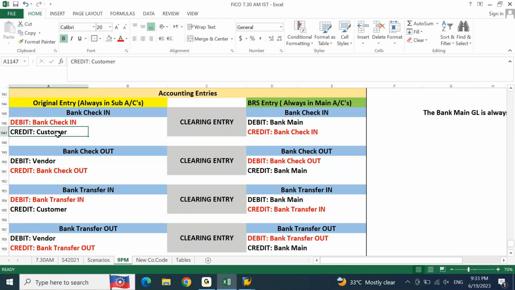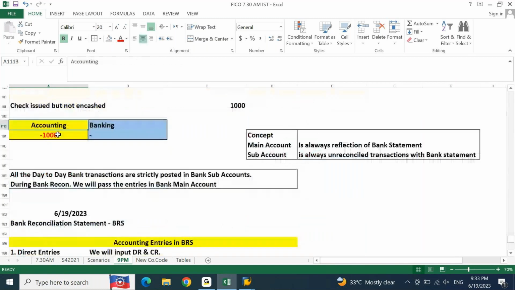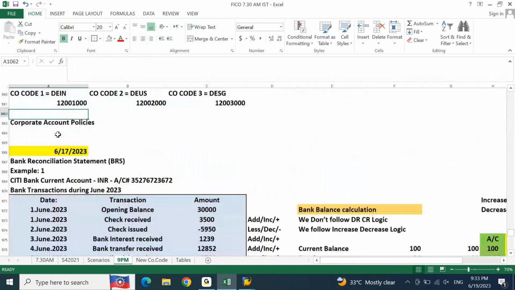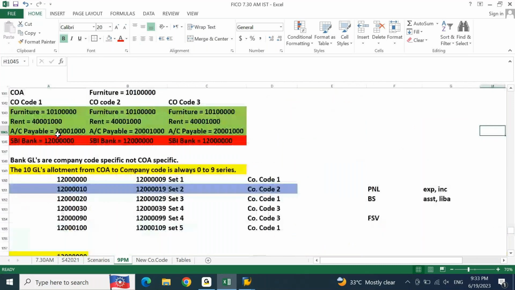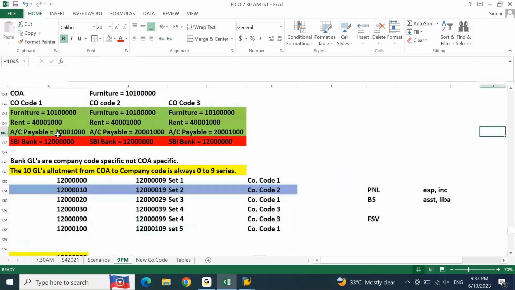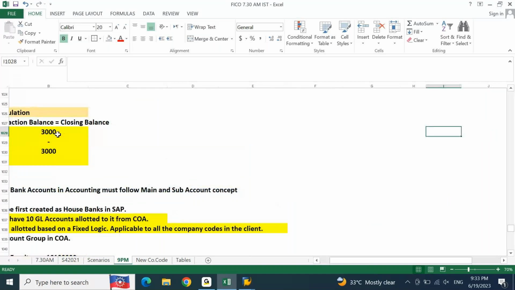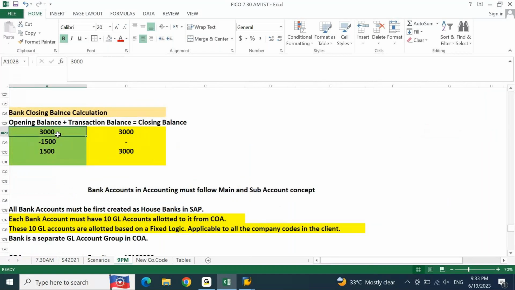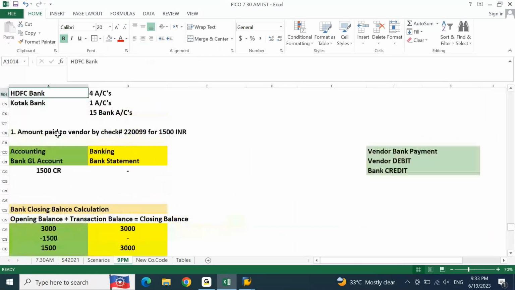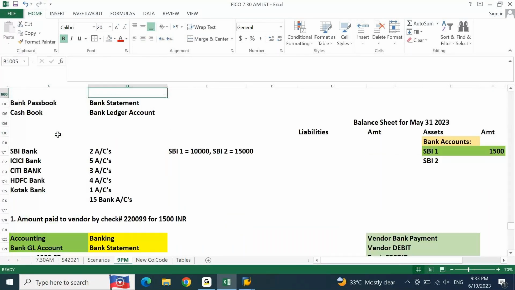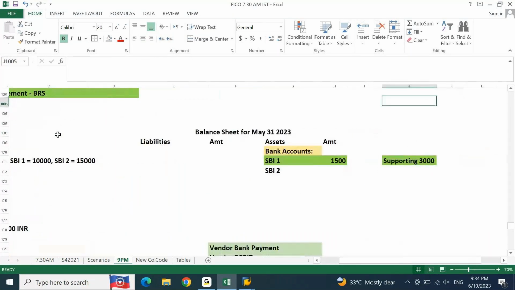We are doing that because previously we understood that your bank statement in the financials must agree with the balance sheet. Whatever the things that you are doing in balance sheet, it has to have a supporting bank statement.